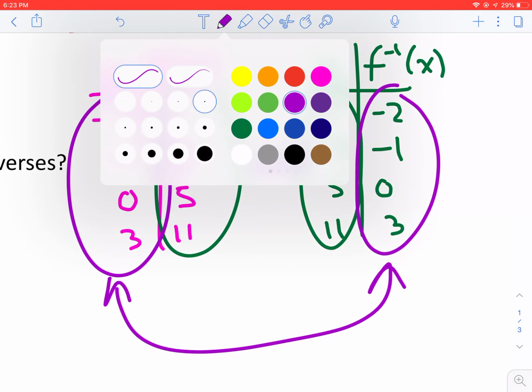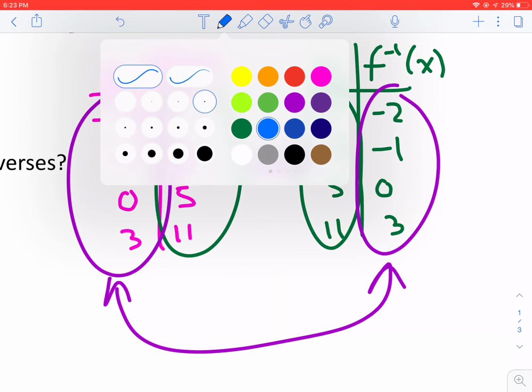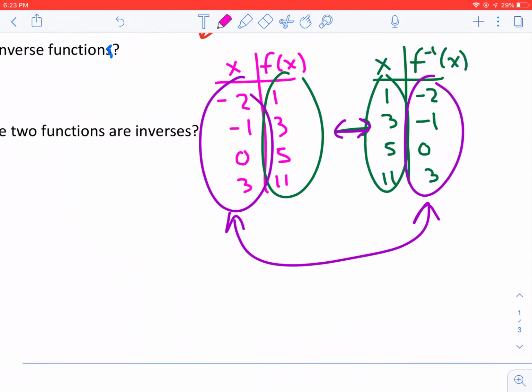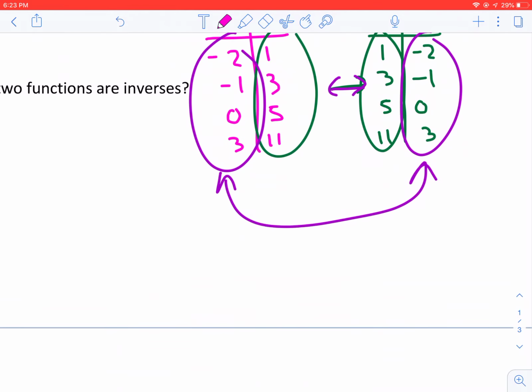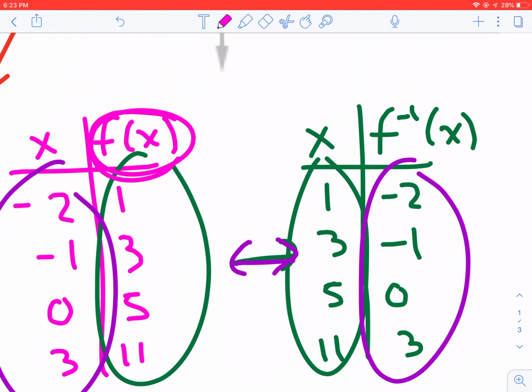And really, we know this already, right? Because the inputs became the outputs, and the outputs became the inputs, and the domain and the range, they switched. But a way we can express this nicely mathematically is that these f of x values, right, are now my inputs.